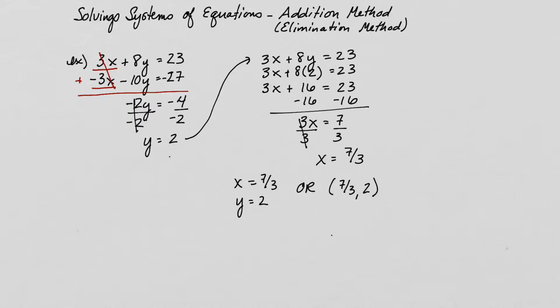So let's look at another example of this addition method. I'll just write these as solve, and then this way I can write a couple examples. 7x minus 4y equals 3, and negative 8x plus 3y equals 6.